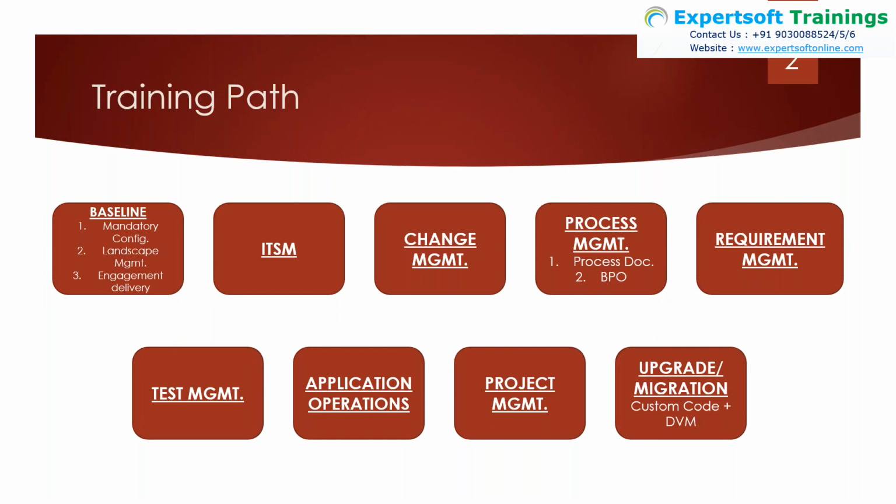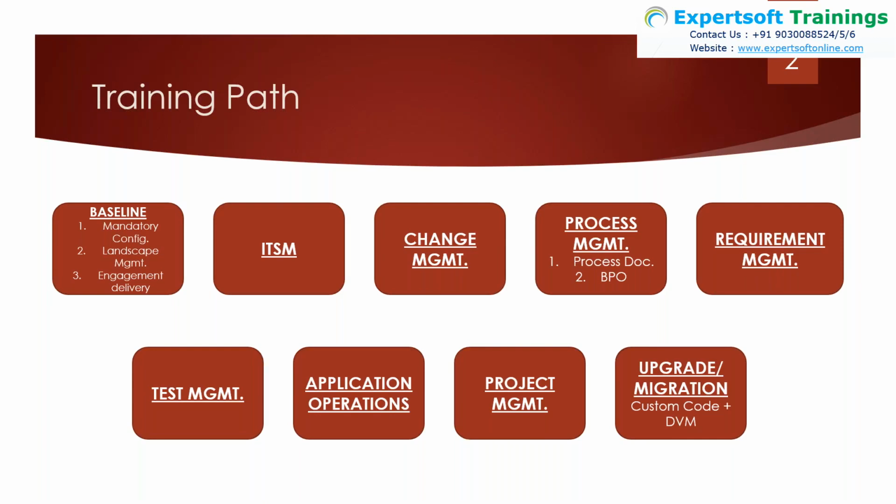To start from there, it'll go to the mandatory configurations in Solution Manager, which includes the basic preparation, infrastructure preparation, system configuration, and all those things. And then the landscape management. So how we integrate all other satellite systems.